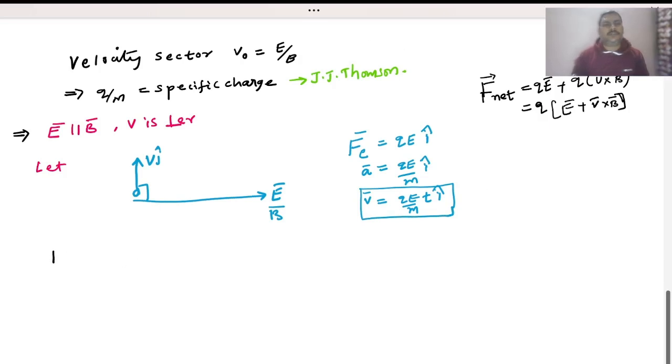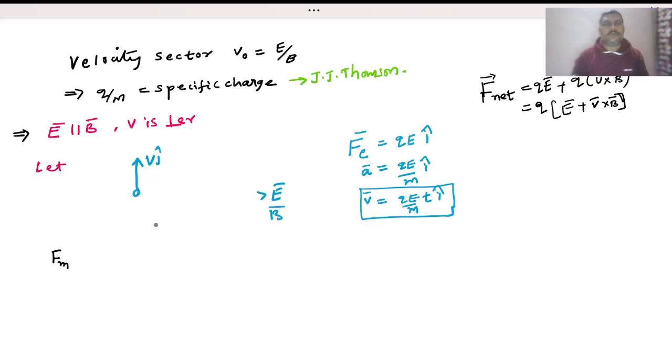Similarly, by the magnetic force, the plane of this particle's circle is perpendicular to B, so it will be a helix path, and the pitch of the helical path is parallel to B. So the pitch of the helical path is along the parallel line.